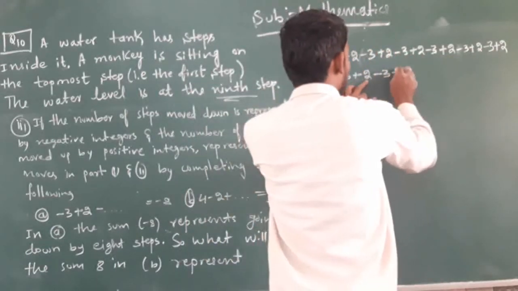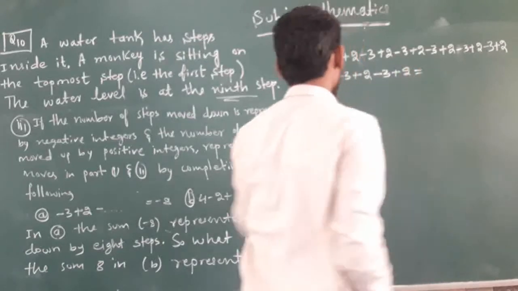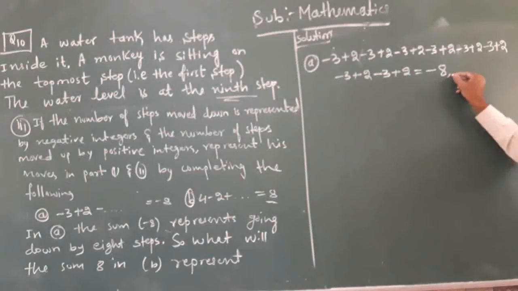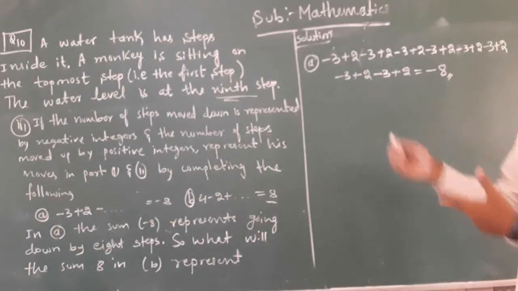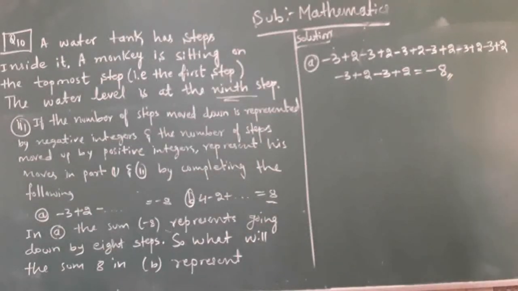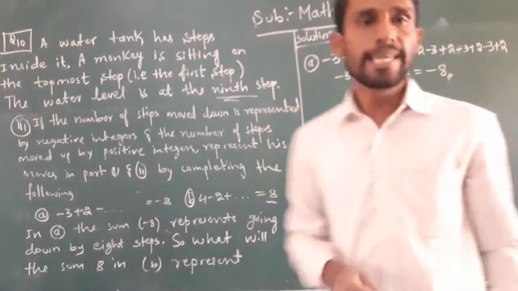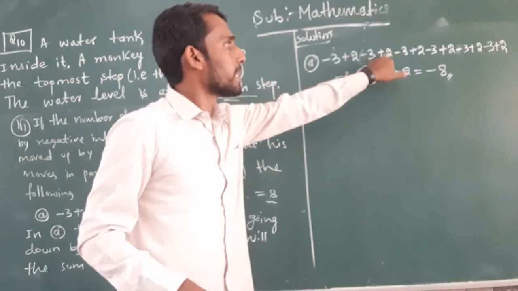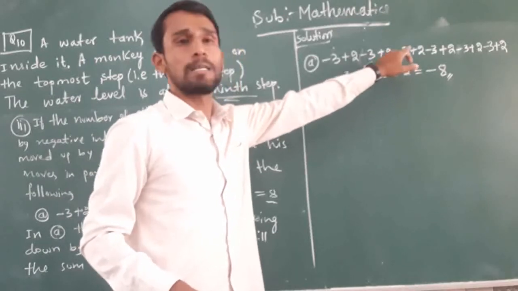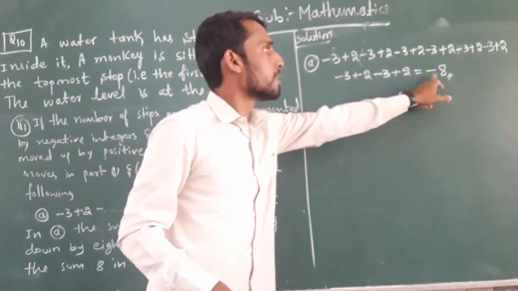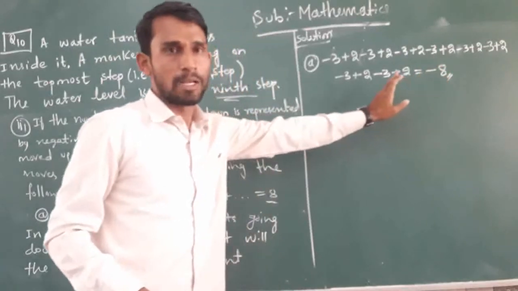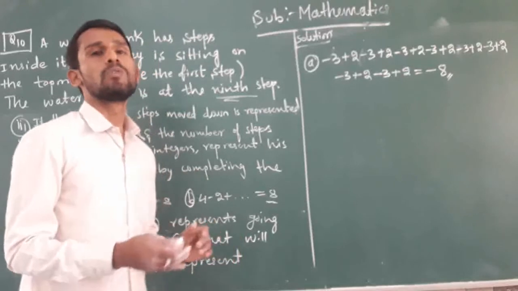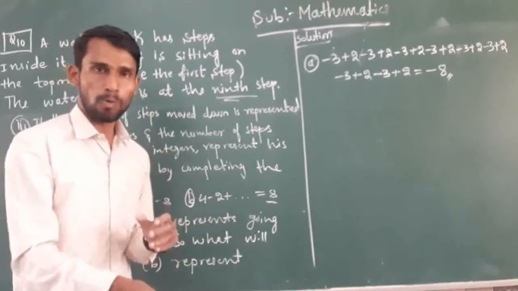Minus 3 plus 2. See, answer is minus 8. This showing that monkey moving downside 8 step. Minus 3 plus 2 minus 3 plus 2, total is equal to minus 8. Okay, this minus 8 represents the monkey moving 8 step downside.